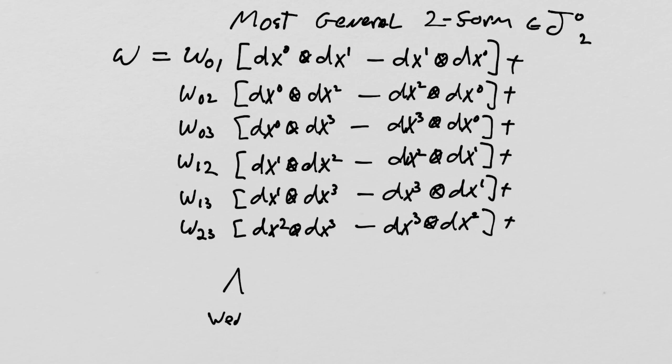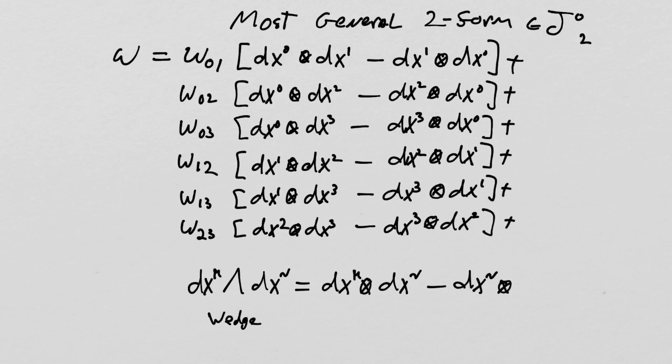The wedge of 2 one-forms, say dx^mu and dx^nu, is going to equal dx^mu tensor product dx^nu minus dx^nu tensor product dx^mu.